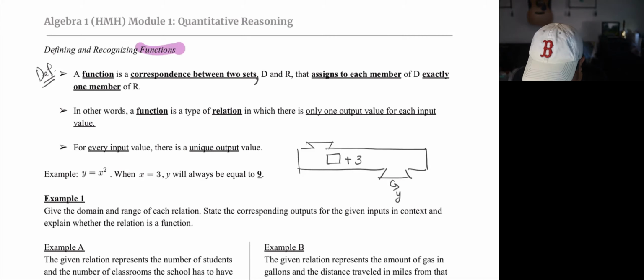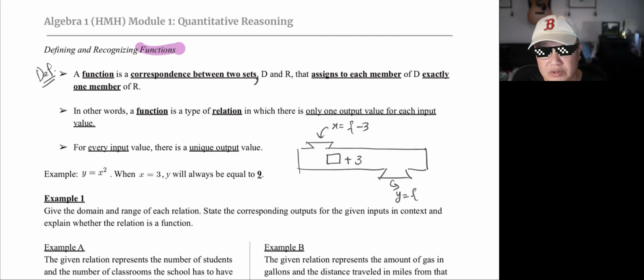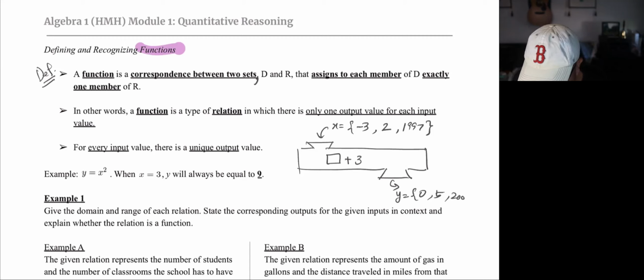We're going to list that as y, and whatever we put in here is an x. So if I put in -3, the machine adds 3 to that, and -3 plus 3 gives you what? 0. What if I put in 2? 2 plus 3 is 5. What if I put in 1997? Plus 3 gives you 2000, right?